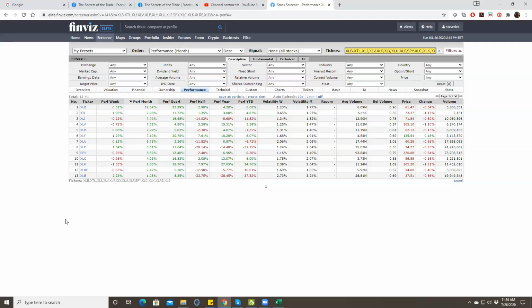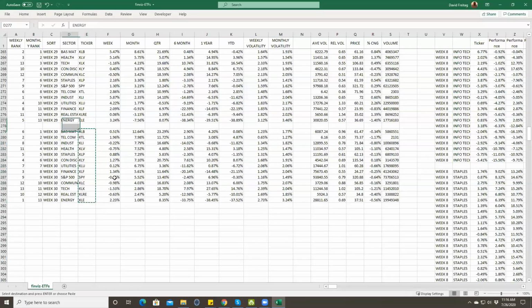Well, last week, how did energy do? Let's go back to our spreadsheet. Energy was the number 5 performer for the week. Over here is our weekly ranking. This is our monthly. It was still the worst performing over the last 30 days, but it was surging.